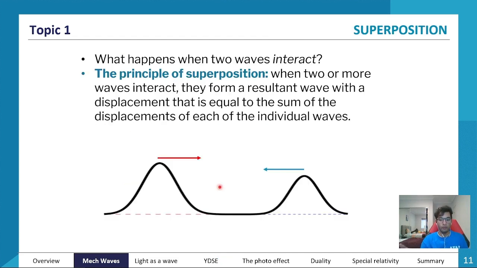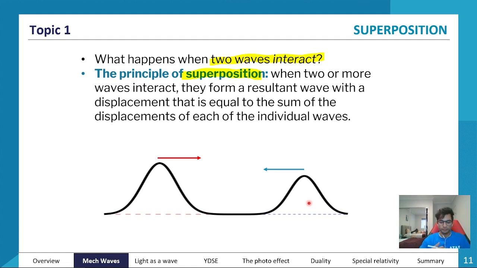Now that we know that, what we want to know is what happens when we have 2 waves interacting with one another. When this happens, we call this a superposition. In this case, we have 2 waves, this red wave and this blue wave, traveling towards each other. The question we want to ask is, what is going to happen when these 2 waves collide?